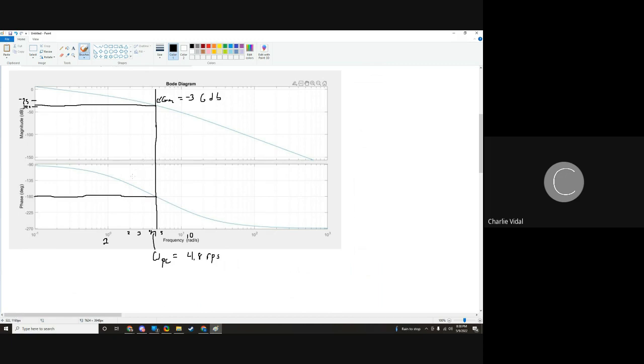The next one is going to be when we find PM. Sorry. So for PM, that is when magnitude dB is 0. We're going to draw a line right over here. We'll actually do this in a different color. And this will tell us our omega GC.